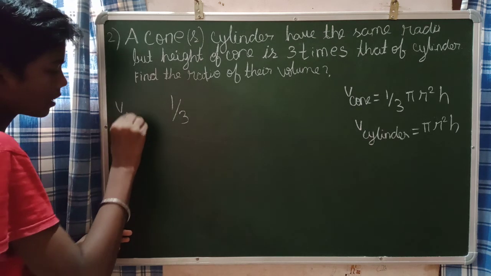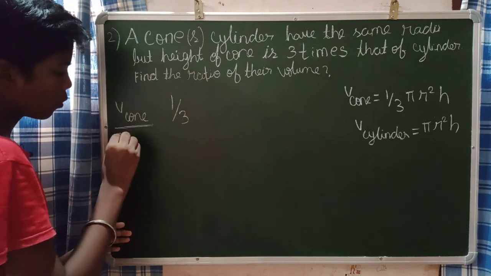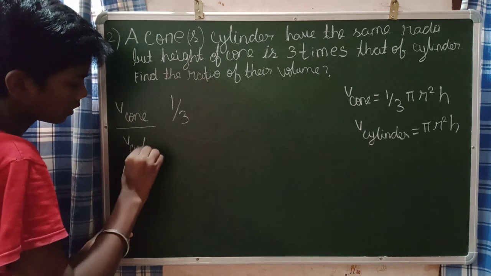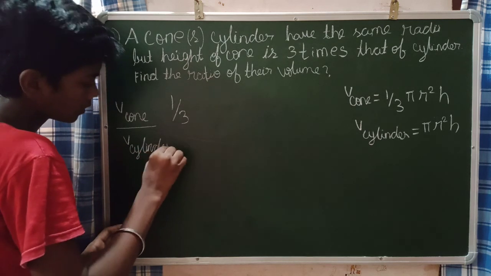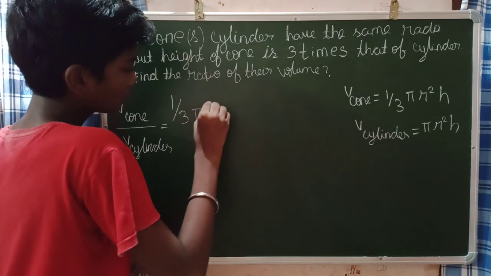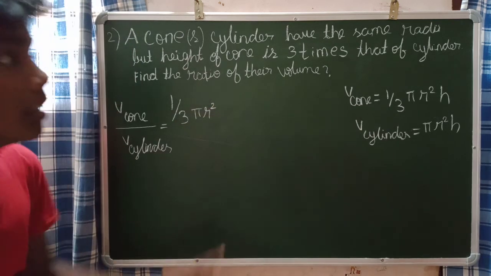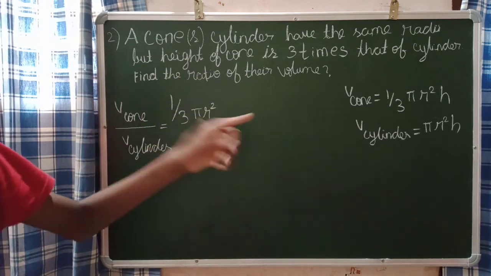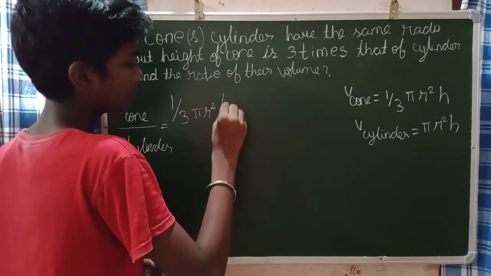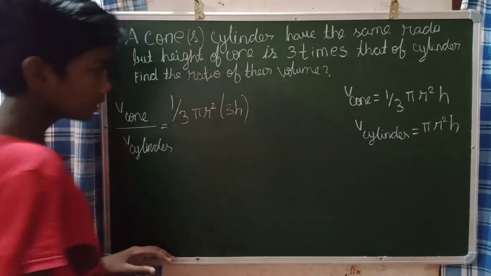Volume of cone divided by volume of cylinder will be 1 by 3 into pi r square into h. Here the height of the cone is 3 times that of the cylinder, so your height is 3h.